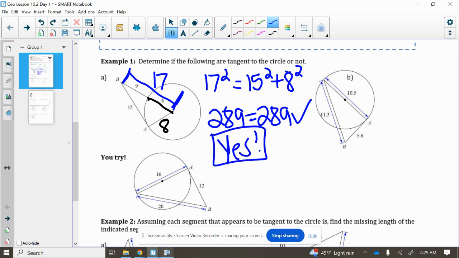In our second example, again, notice our point of tangency is over here at A, and we're trying to decide, is that a right angle? Does 11.3 squared, the side across from that right angle, and our biggest side, equal 10.5 squared plus 5.6 squared?